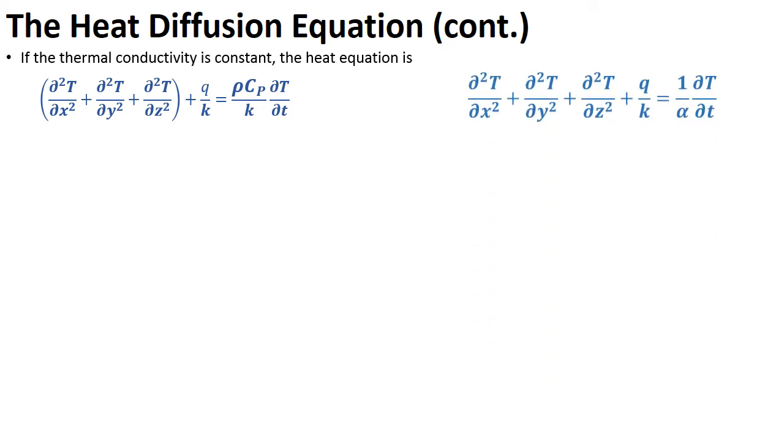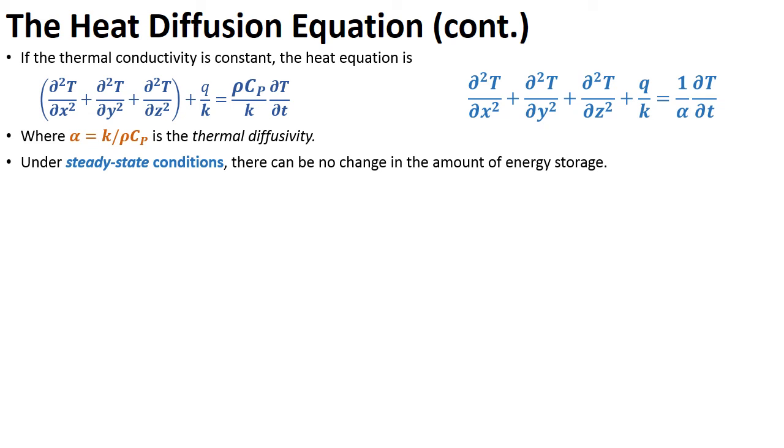Or we can write this equation as clearly seen on your screen. Here rho Cp over k is replaced by 1 over alpha, and alpha is the thermal diffusivity, and we have learned that thermal diffusivity is the ratio of k over rho Cp.